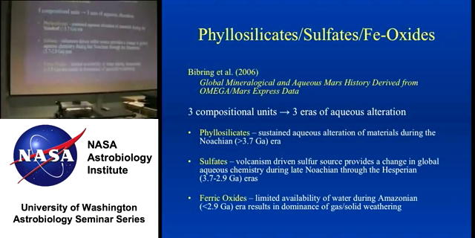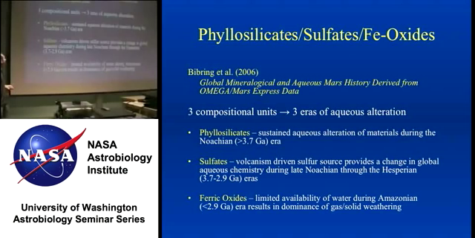Phyllosilicates generally form with lots of liquid water, and they were generally found in older terrains on Mars, what they call the Noachian era. This was interpreted as sustained aqueous alteration of materials during the Noachian, greater than 3.7 billion years ago, plus or minus quite a few million years in terms of error.